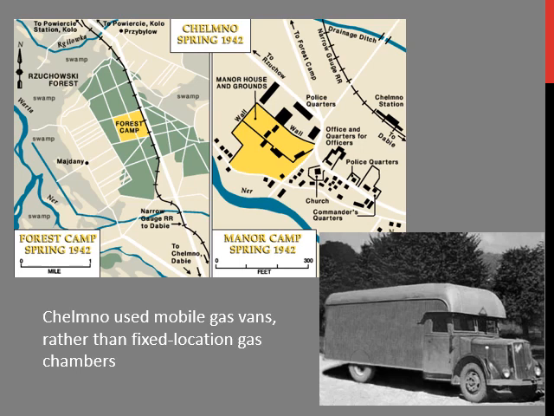Chelmno didn't have fixed location gas chambers. It had mobile gas vans, and gas vans were also used in other locations as well. But the gassing was kind of invented on the fly, and so there are different iterations of it. Gas vans used carbon monoxide gas as a product of exhaust.